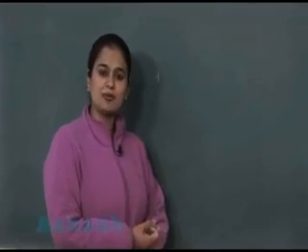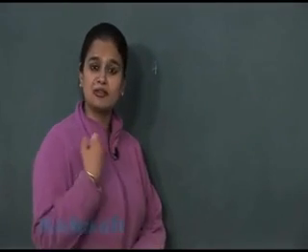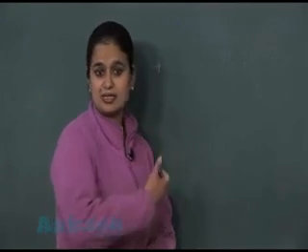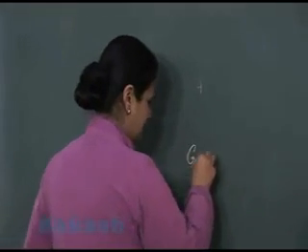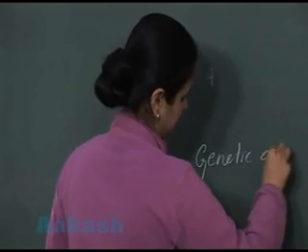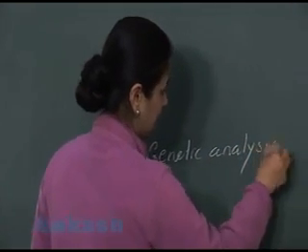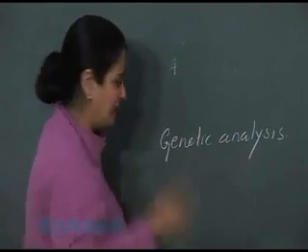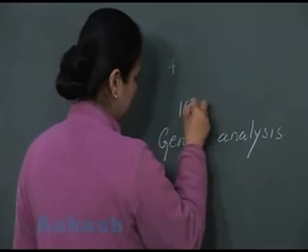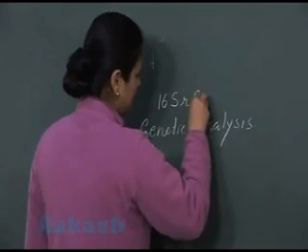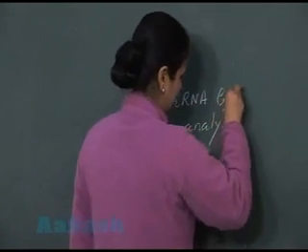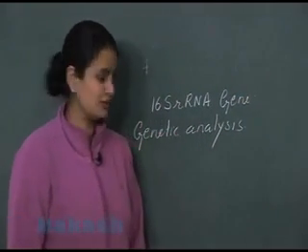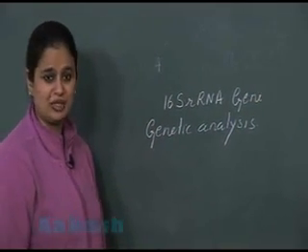Now, Carl Woese performed genetic analysis of different organisms, of the organisms present in the different kingdoms. He performed genetic analysis by utilizing a chemical character, that is the 16S ribosomal RNA gene.